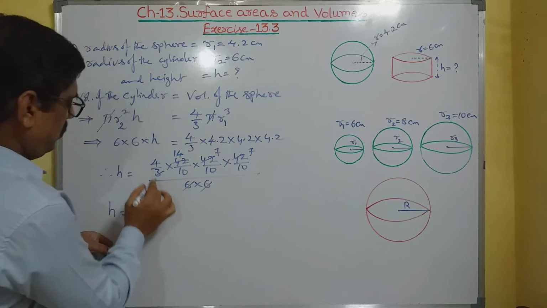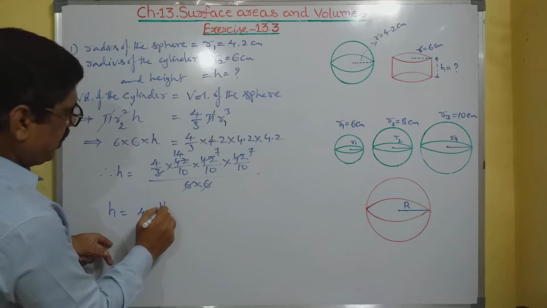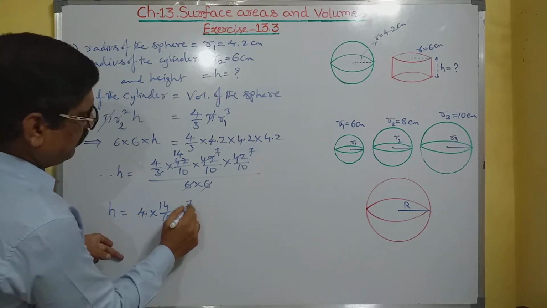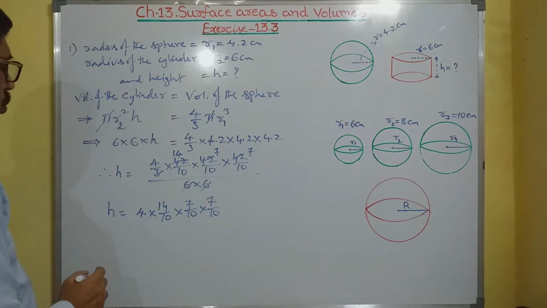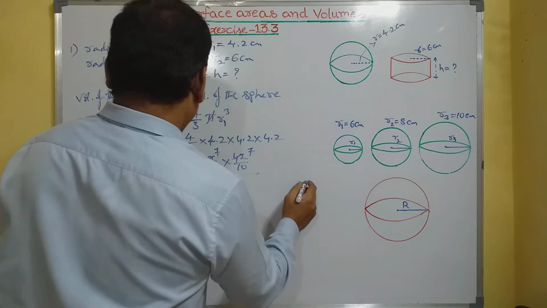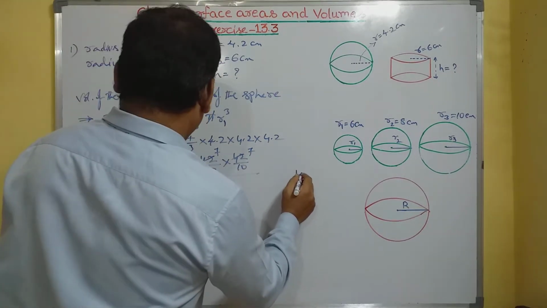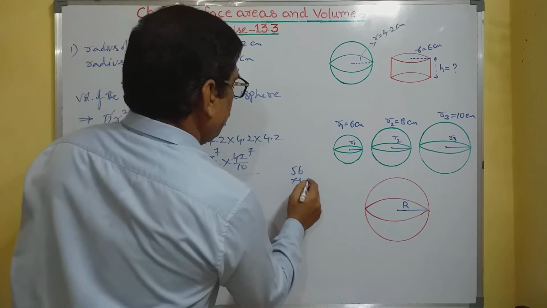So we get 4 into 14 by 10 into 7 by 10 into 7 by 10. So therefore, what can we write? 7 7s are 49. 14 4s are 56. 56 into 49.